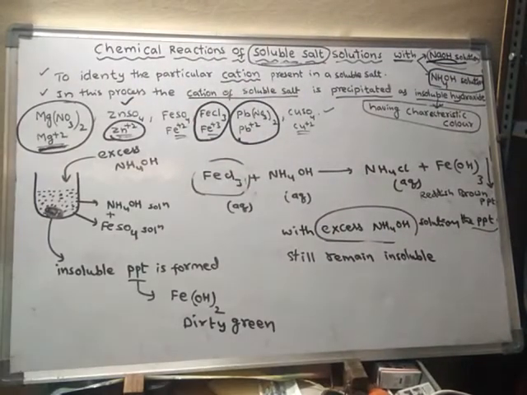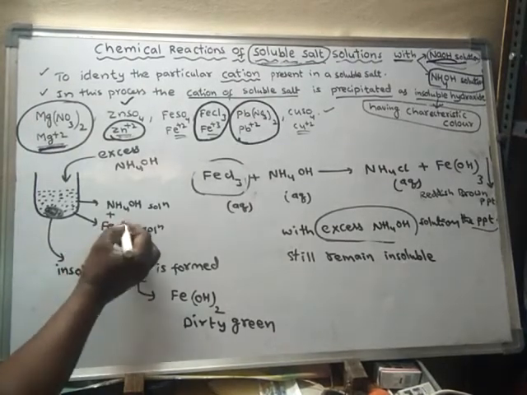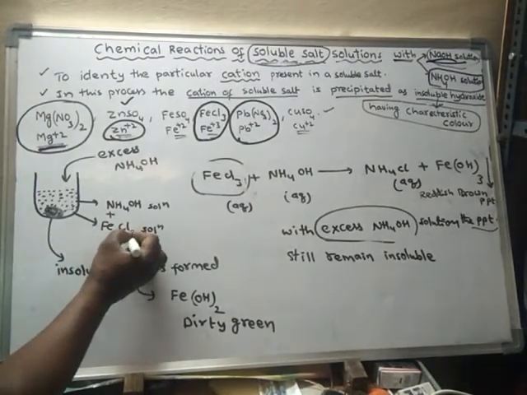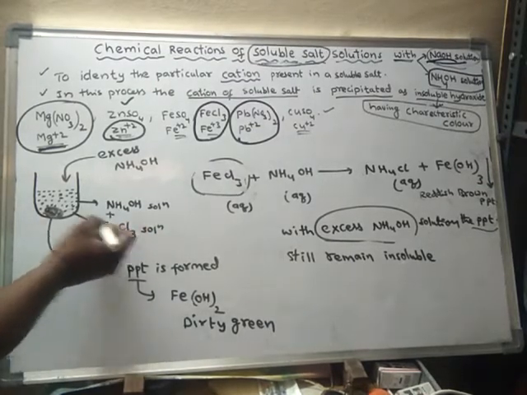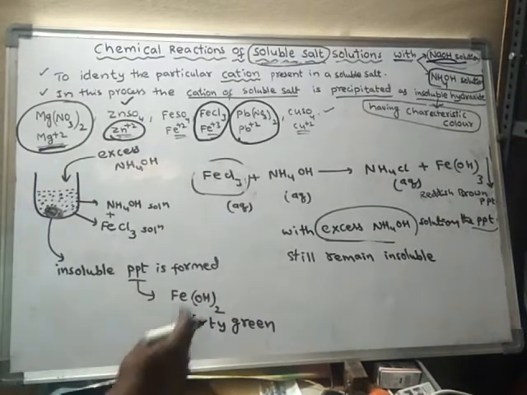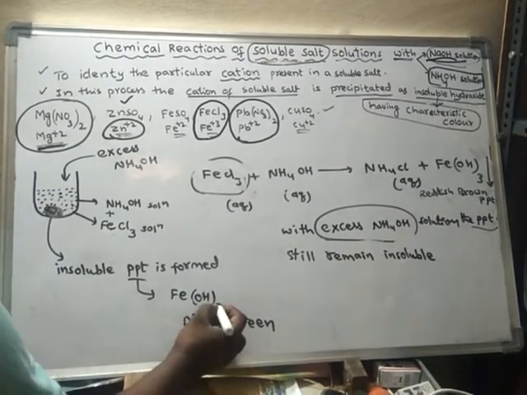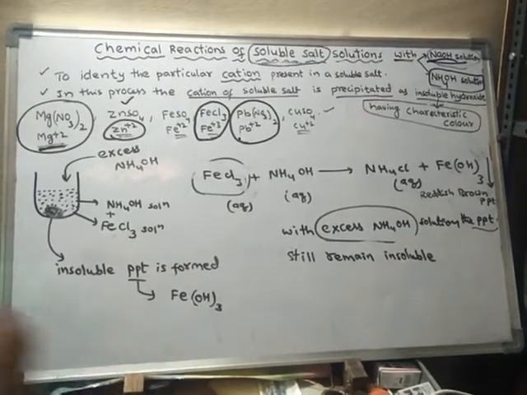So that means what we have added is ferric chloride solution, FeCl3 solution. An insoluble precipitate is formed. It is ferric hydroxide, and the color of this one is reddish brown.